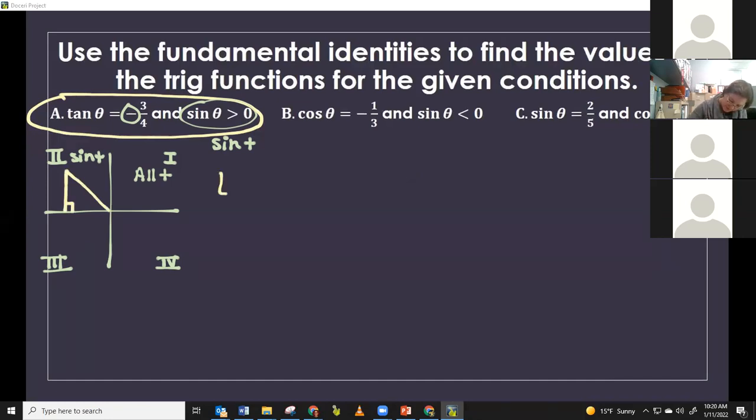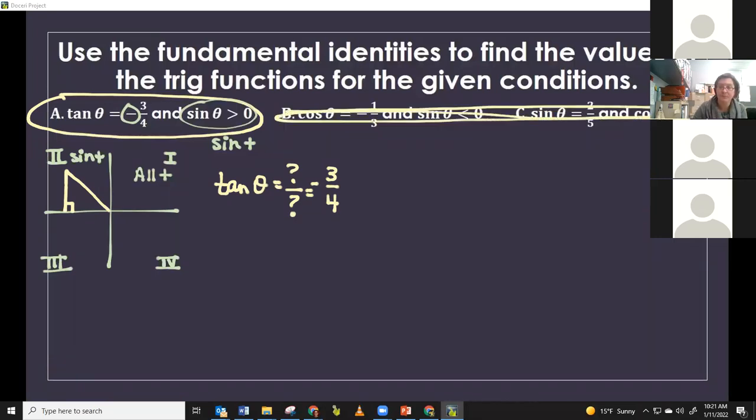Tangent is what over what? I know that it's negative 3/4 here. But when I'm talking about x, y, and r, tangent is what over what?